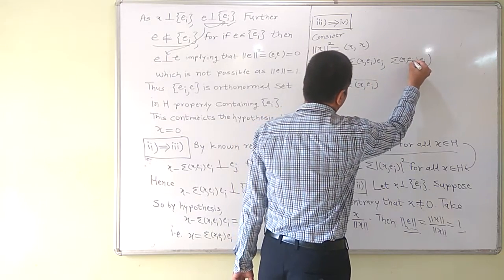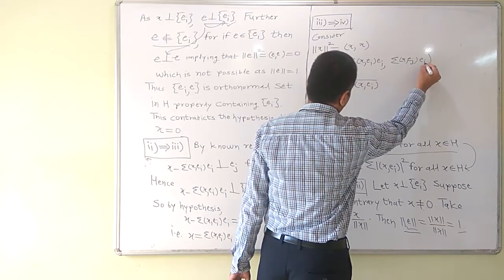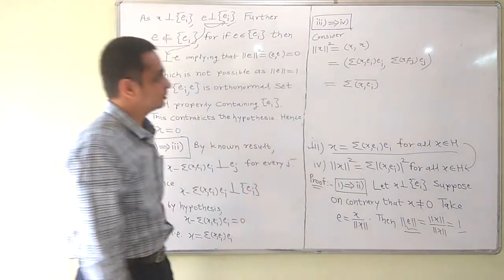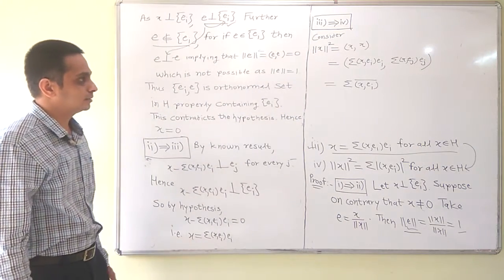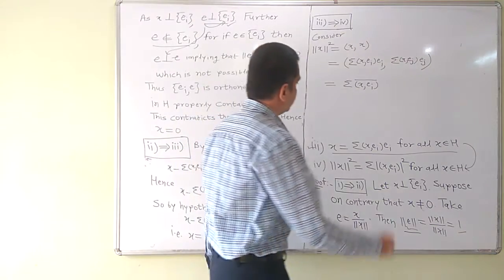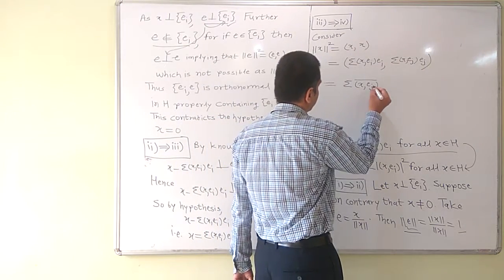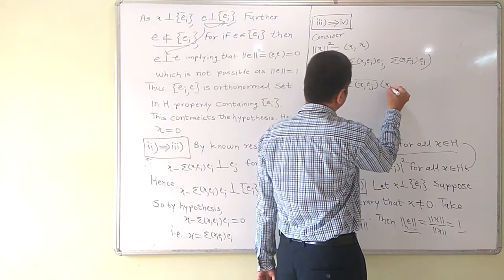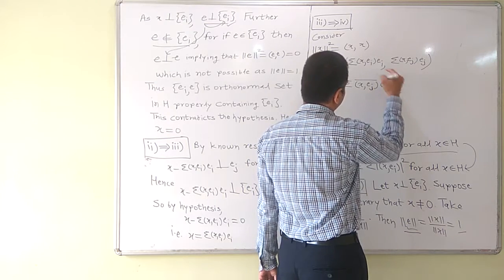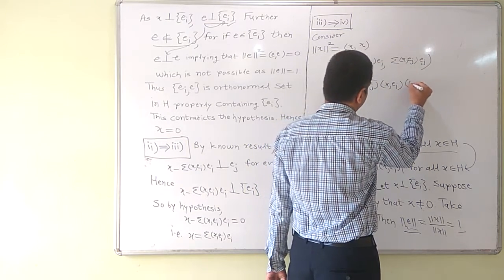This I am going to write purposely as ej to avoid confusion. So this is inner product of x ej and x ej. So x ej, I will write it here. Then this is x ei, and further inner product of ei and ej.